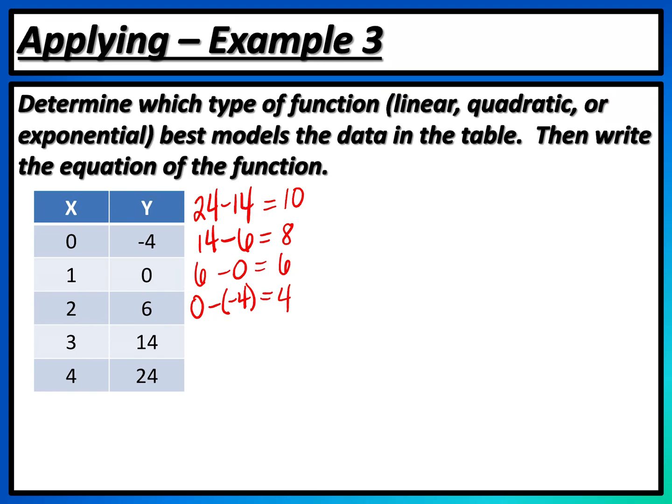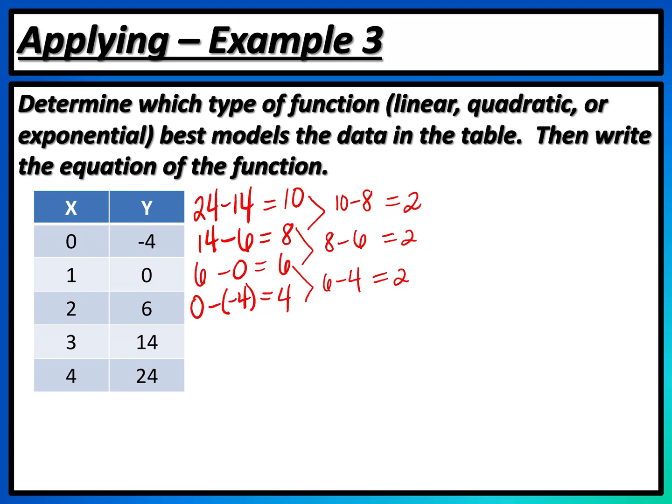So we're going to do each of these from each other now. So 10 minus 8, 8 minus 6, 6 minus 4. You want to pair these up the way that they're written, just how I did here.